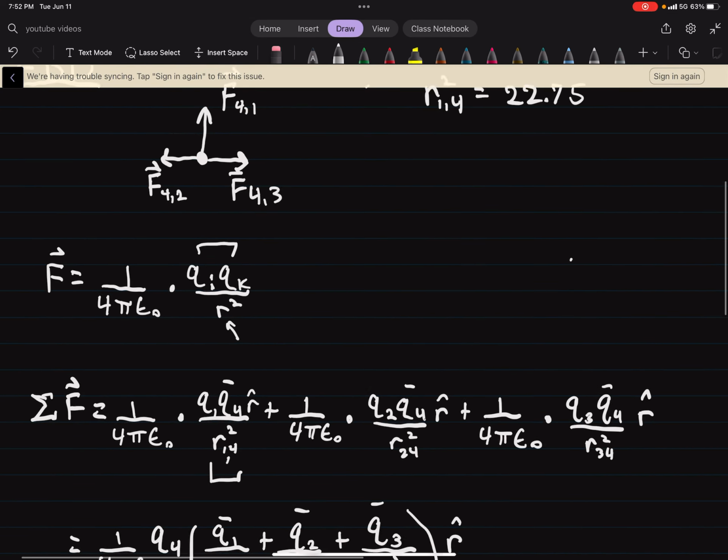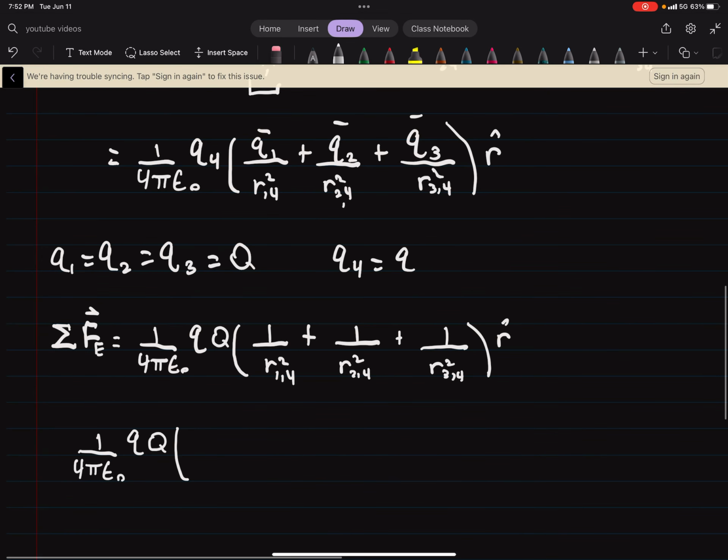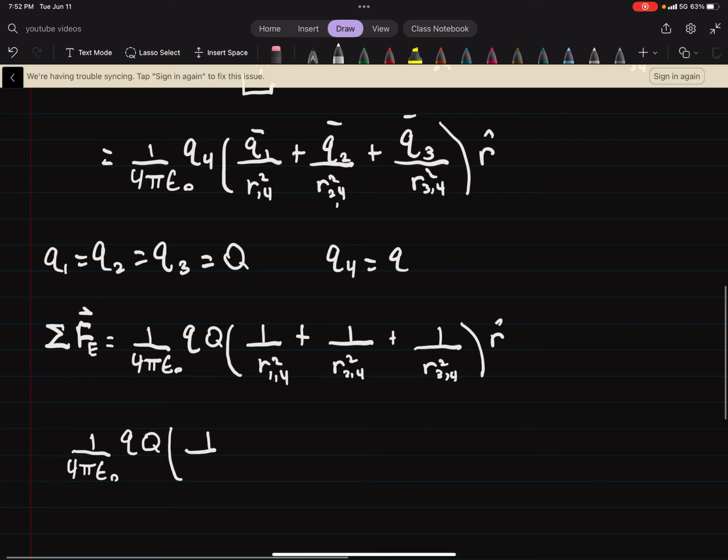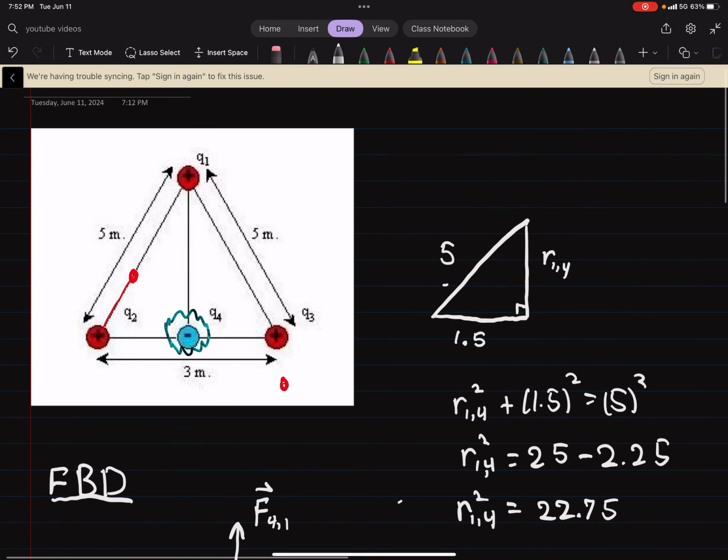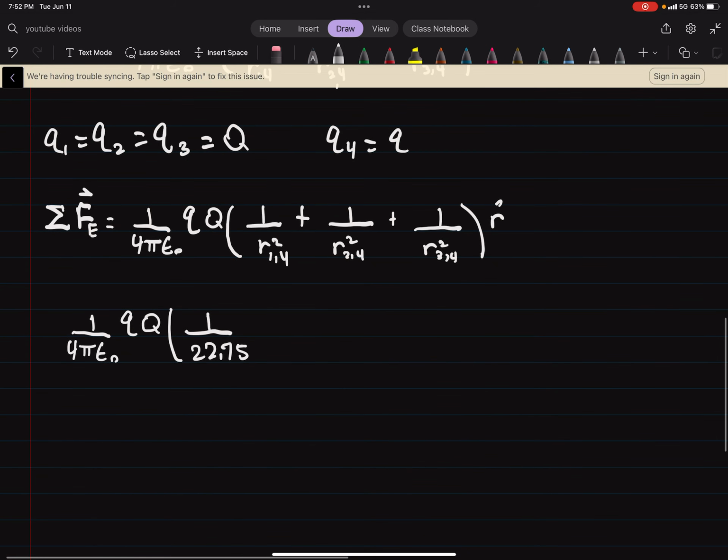And then I guess we can just put this in here. Oops. And then let's go ahead and get the direction right. So Q1 is pulling it up in the, we'll call it Y direction. We'll let up be positive Y, the right be positive X. So this would be in the Y hat direction.